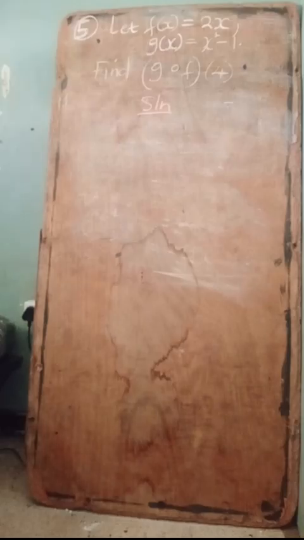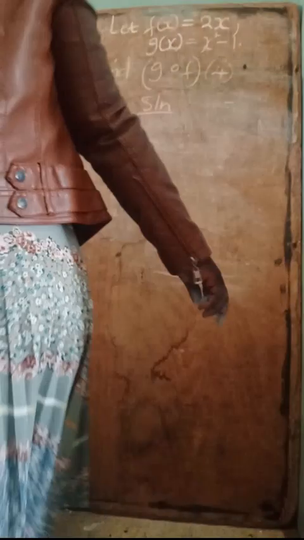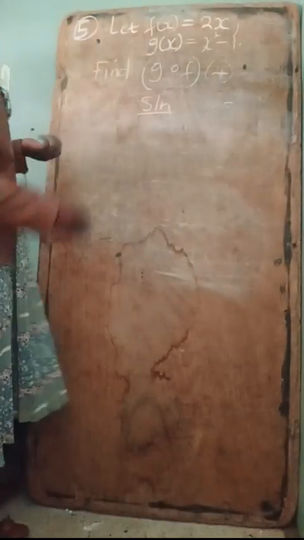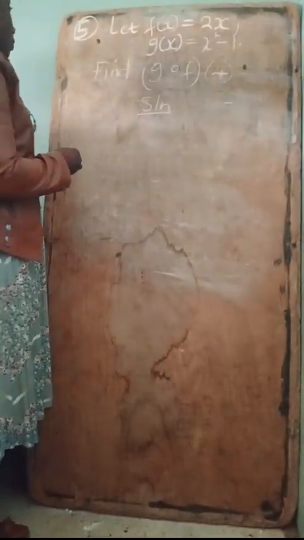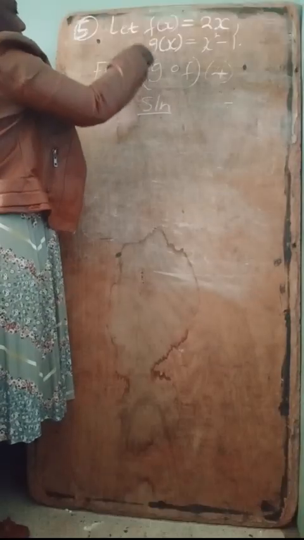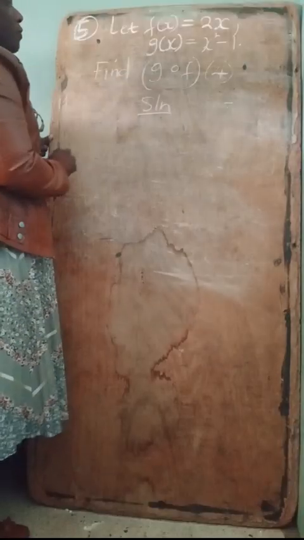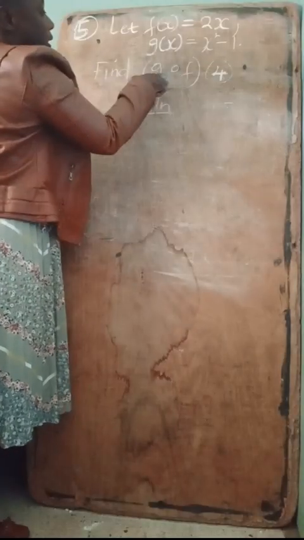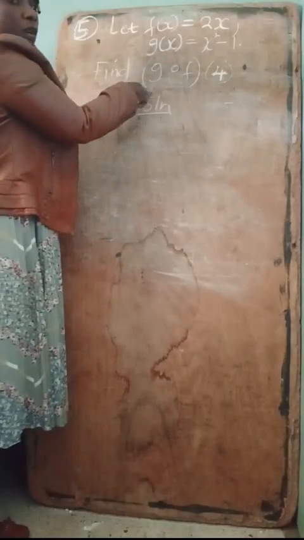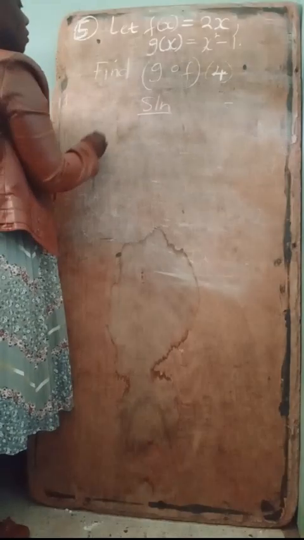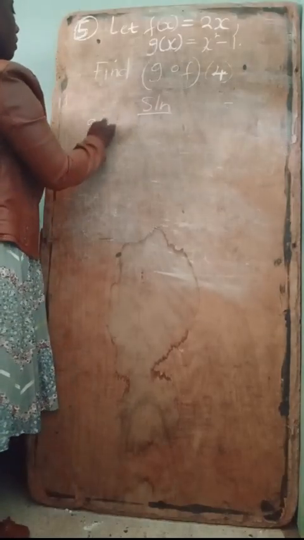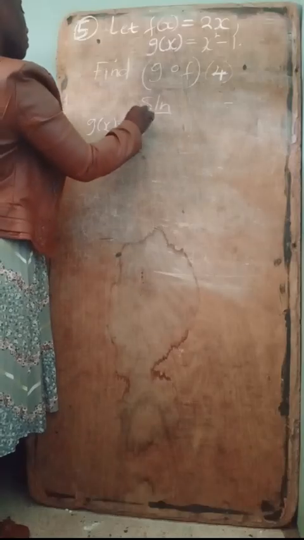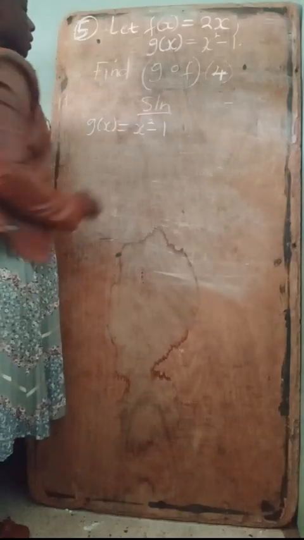Let's try to solve that question there. Okay, so how can we solve such a question? Very simple. As we said, there's a function of G and a function of F. So this time around, we are putting this function of F in the function of G. So we are getting the function of G of X, which is equal to X squared minus 1.